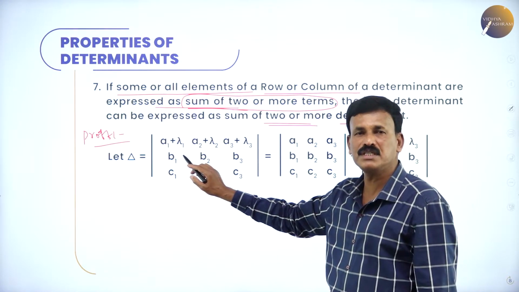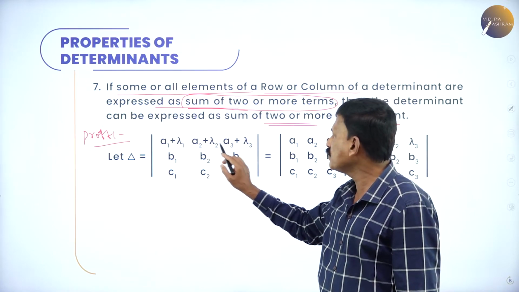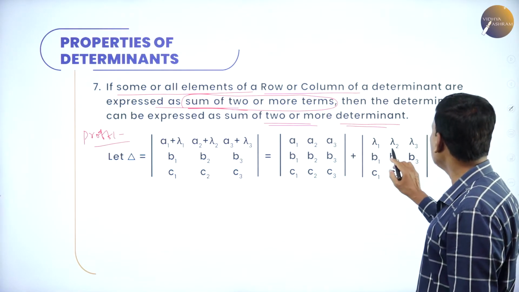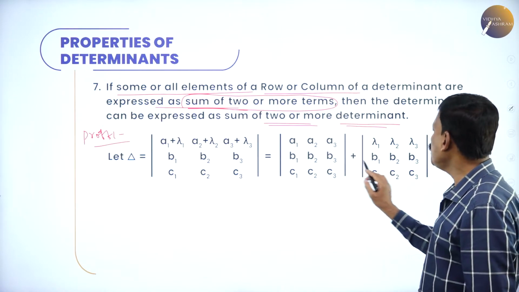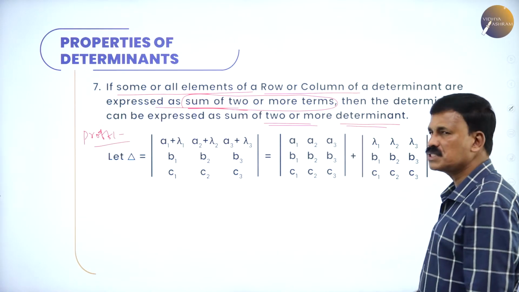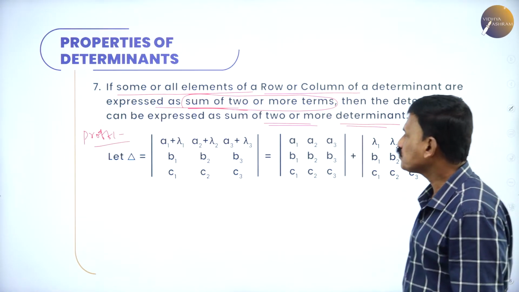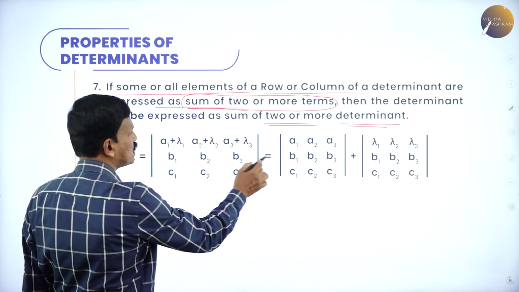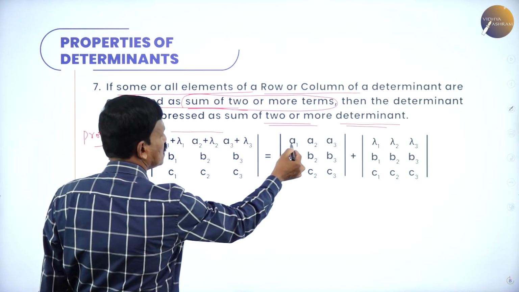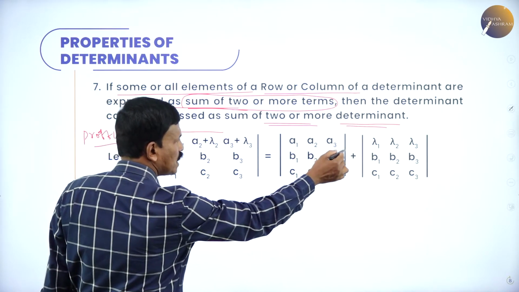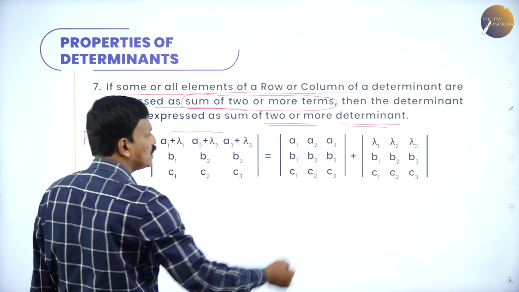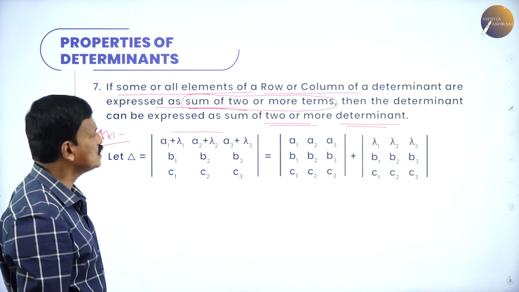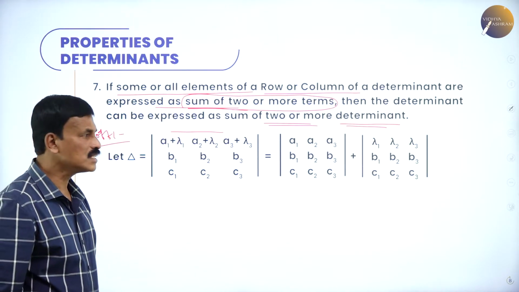Consider the second element in the first row, lambda 1, lambda 2, lambda 3, and b1, b2, b3, c1, c2, c3 as it is. So a1 plus lambda 1, a2 plus lambda 2, a3 plus lambda 3 can be written as a1, a2, a3 plus lambda 1, lambda 2, lambda 3, and the remaining elements b1, b2, b3, c1, c2, c3 are the same.